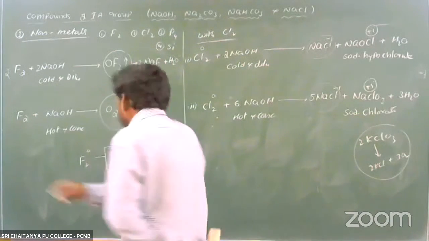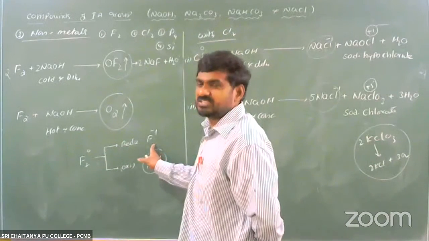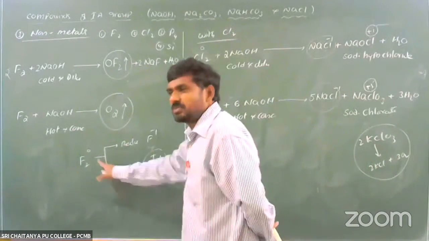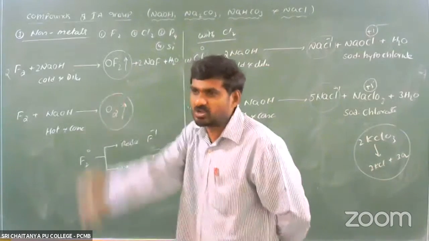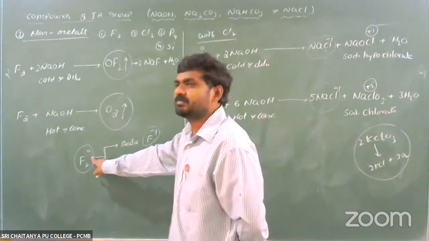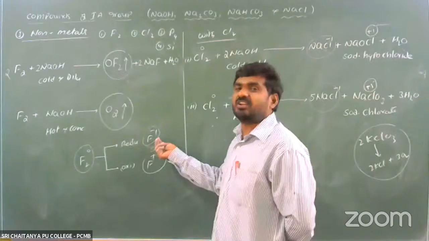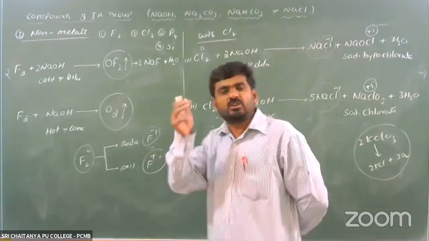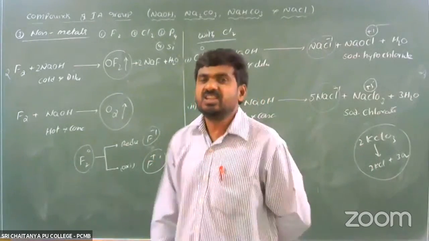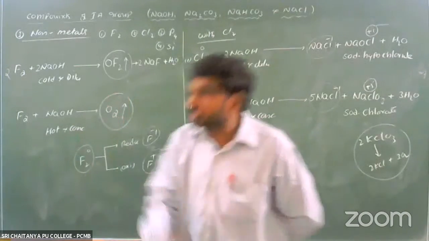Fluorine does not exhibit a positive oxidation state. Only 0 to -1 is possible. But 0 to +1, +3, +5 or +7 is not possible. So fluorine exhibits only 2 oxidation states: in the molecular state 0, in the ionic state -1. So to undergo a disproportionation reaction, the element must exhibit a minimum of how many oxidation states? 3 oxidation states.